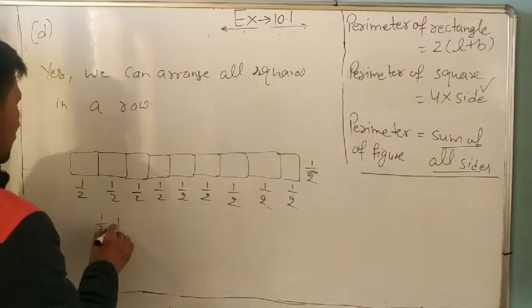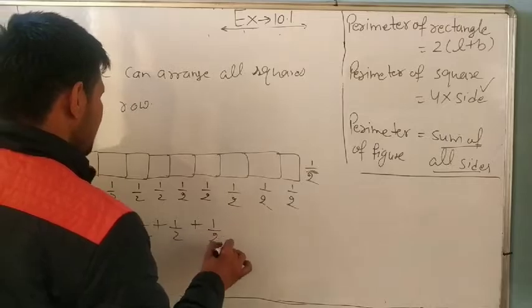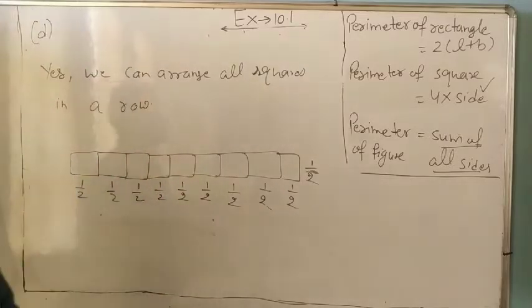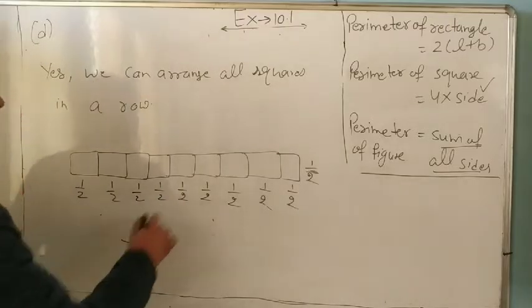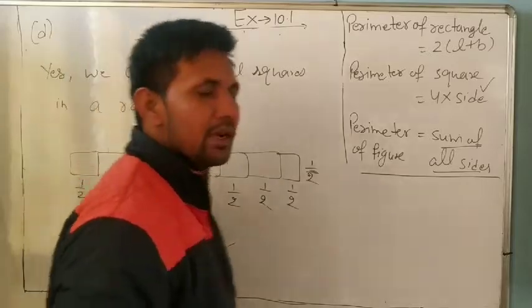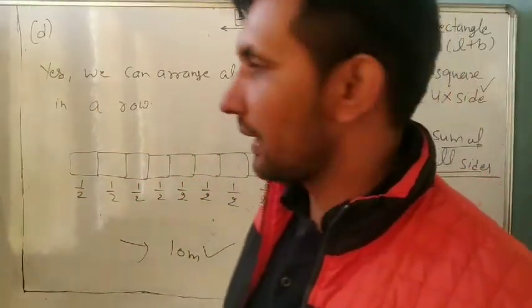So 1 by 2, 1 by 2 plus 1 by 2 plus 1 by 2. So you will find its perimeter. When you get its perimeter, it comes to 10 meters. So solve this one yourself also. Find its perimeter also. Okay.